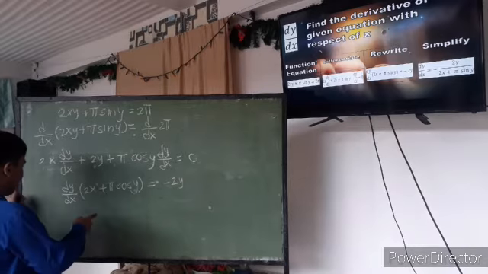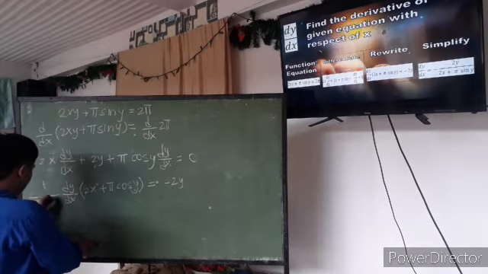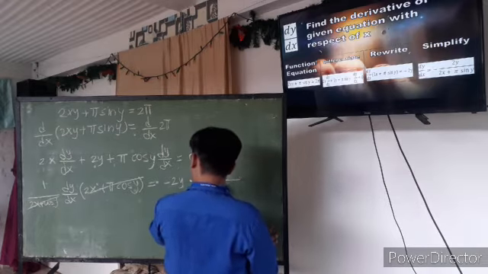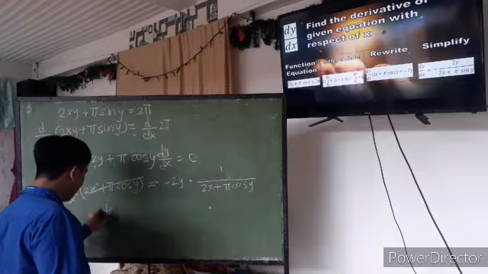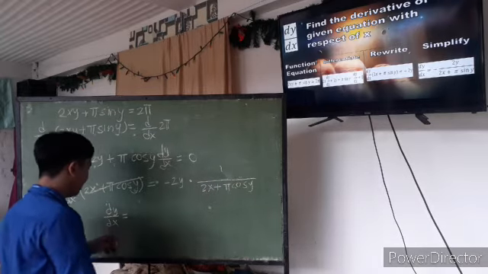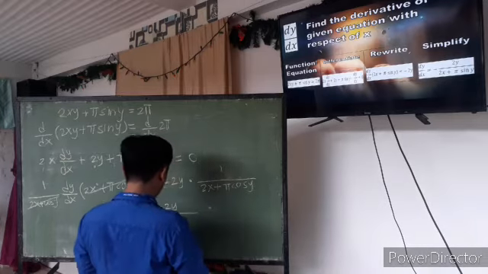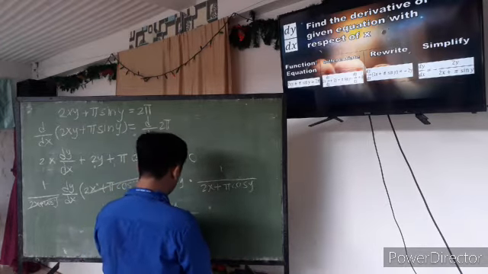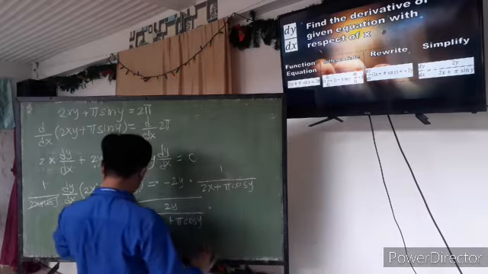Now, divide. We move 2x plus pi cos y through division, then cancel. Now it moves to the other side as 2x plus pi cos y. Now we know the derivative of y, the derivative of the function of y with respect to x, is 2y over 2x plus pi cos y.